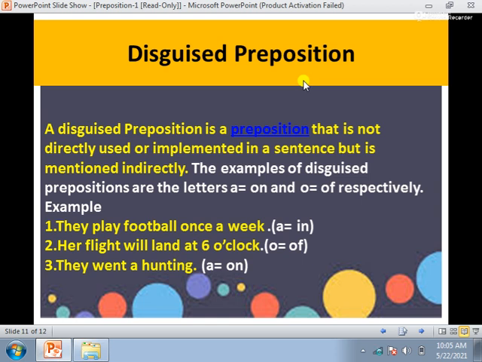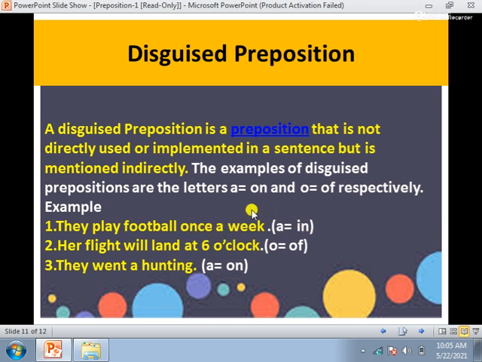Disguised preposition. Through the word disguised, you can understand that it means not shown directly, it has been shown indirectly. A disguised preposition is a preposition that is not directly used in a sentence, rather it is mentioned indirectly. The examples of disguised prepositions are the letters A equals in or on, O equals of, respectively. Going through the examples, you can understand it clearly. They play football once a week. Here A means in.